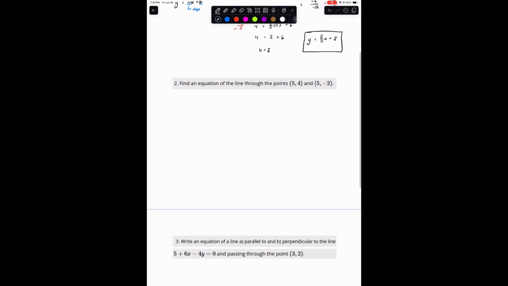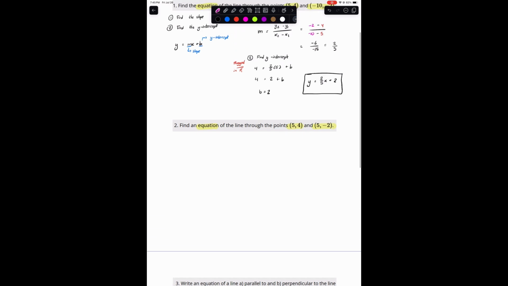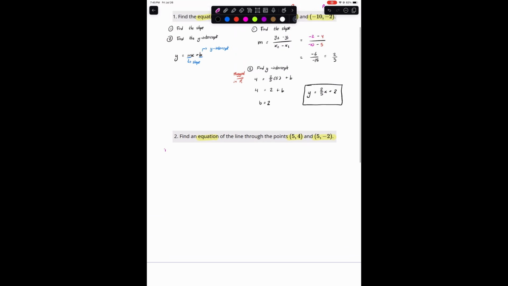Okay. Question 2 is the same deal. Equation for points 5, 4 and 5, negative 2. Again, we need to find a slope and find the y-intercept.